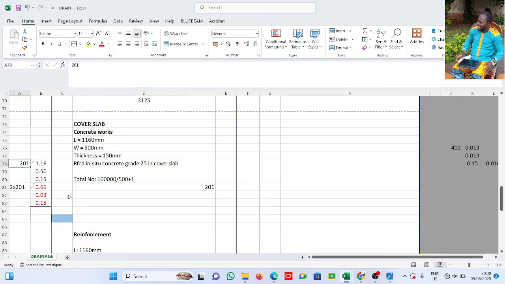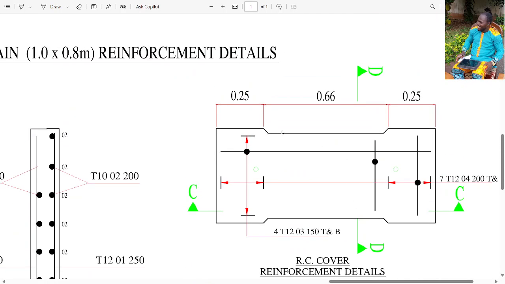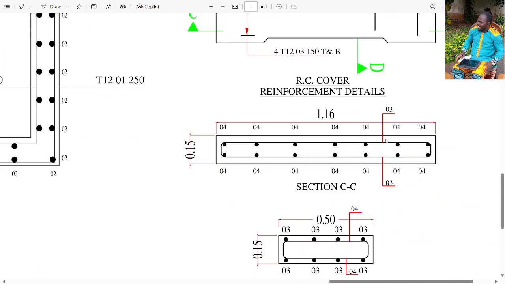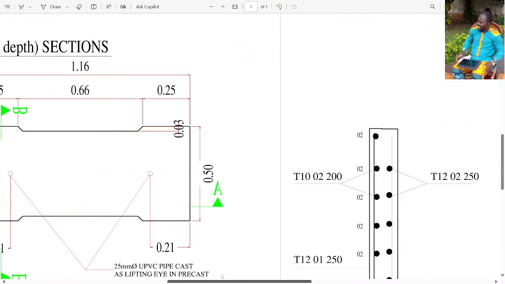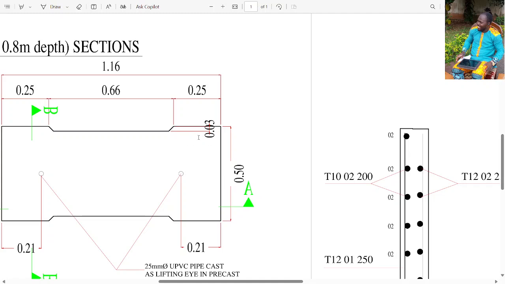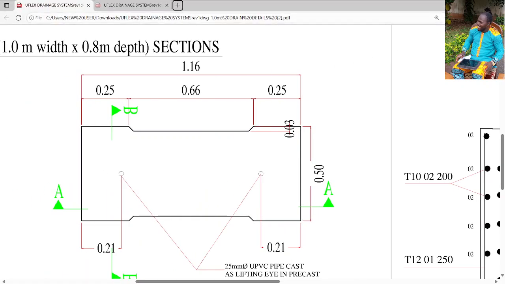Now you see here I deduct. Most times it is not necessary, but for exam situations it is necessary. We're given these particular details somewhere. See it here, it's 0.03, which is 30 mm. So that is what I had to deduct.